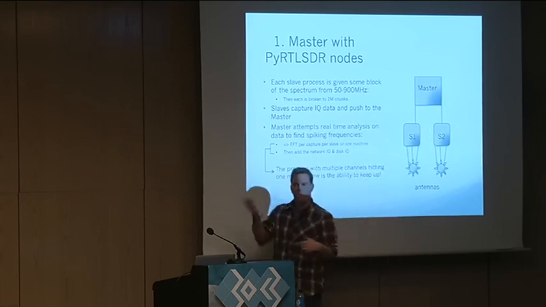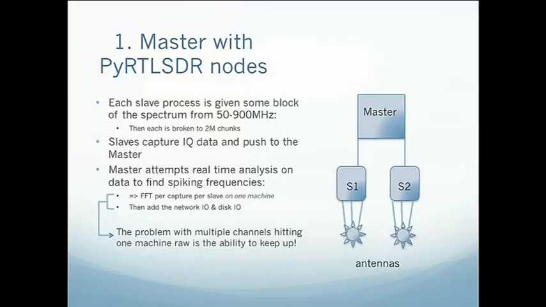They will just keep reading, pushing, reading, pushing. And the master the whole time has to read off the wire and do something with it. Most of the time what it's doing is FFTs. So you're doing an FFT per packet, per capture, per slave on one machine, and then add the network I/O and disk I/O, and that machine is basically starting to eat the dust.